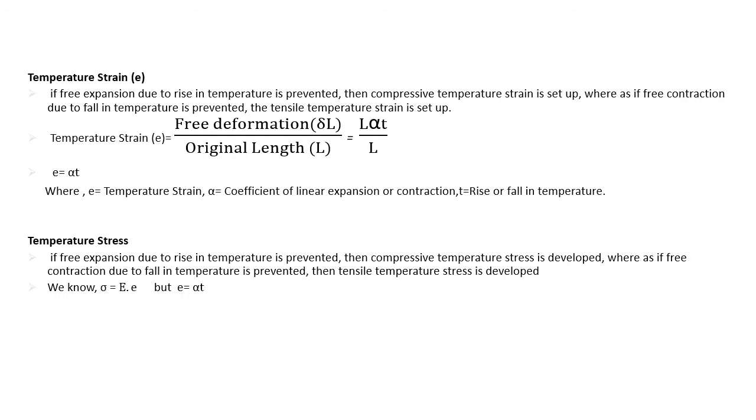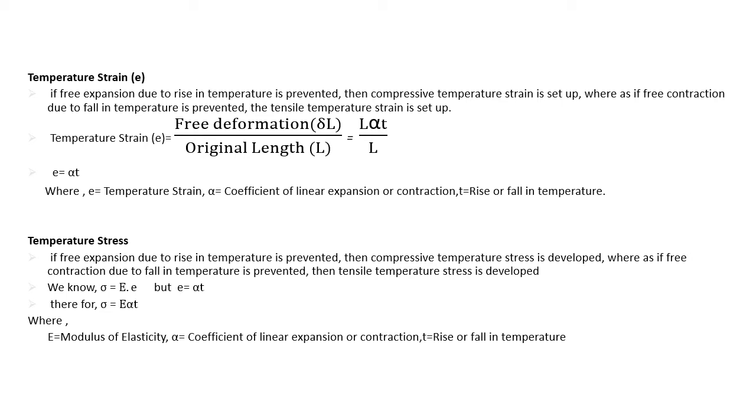We know the formula stress is equal to Young's modulus into strain, but in previous step we already calculated e is equal to alpha T. By putting this in the formula, we get the final answer, that is sigma is equal to E into alpha T, where E is the modulus of elasticity, alpha is the coefficient of linear expansion or contraction, T is the rise or fall in the temperature.